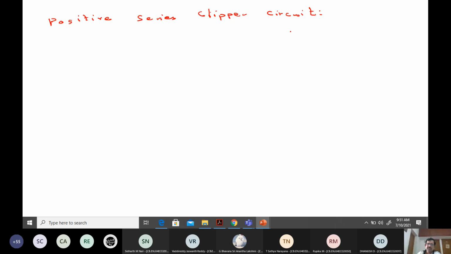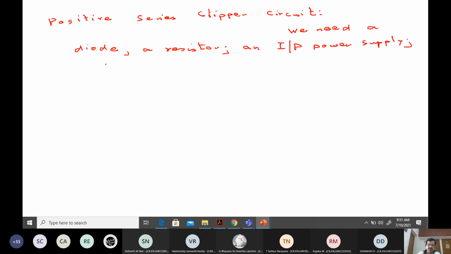To understand, you will see that we need a diode, a resistor, an input power supply, which means a function generator input power supply, and an output measuring instrument, which is normally the CRO, cathode ray oscilloscope.